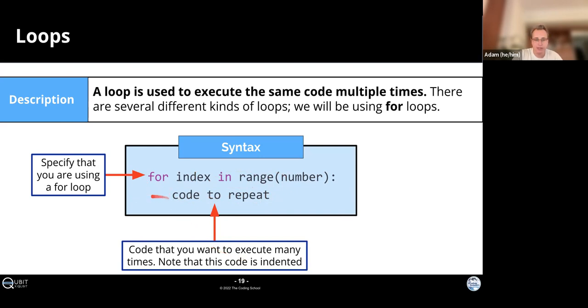Notice that we have nothing over here to the left. It needs to be indented so Python knows what code you want to repeat and what code may come later. And then don't forget this colon. That's just a super simple thing that's easy to forget. And you could end up spending a lot of time not realizing that the reason your code isn't running is just a missing one of these colons. So just a good one to remember, as well as the in.